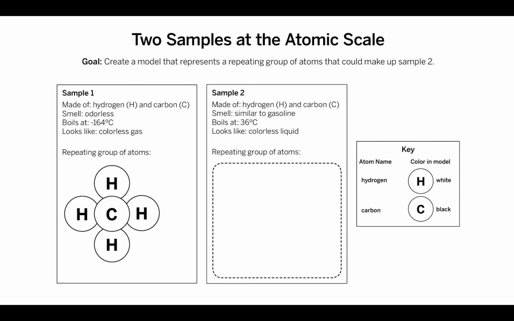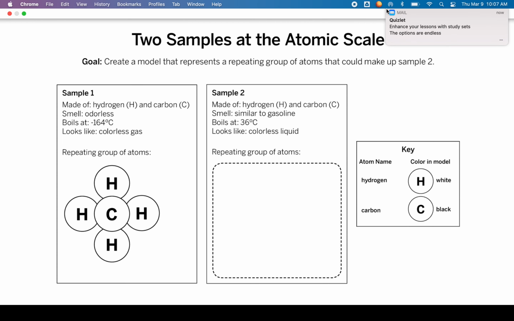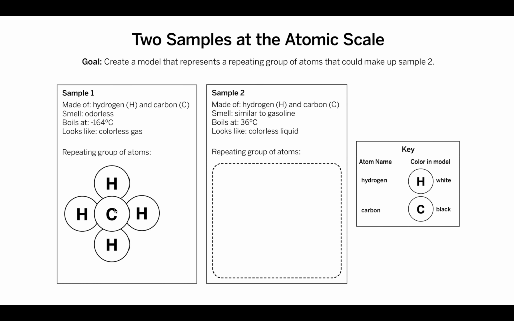It boils at negative 164 degrees Celsius, and it's colorless. The repeating group of atoms looks like this, okay? Now, what I'd like you to do is color the carbon black. And over here in the key, hydrogens are always going to be white and carbons are always going to be black. So go ahead and color that.